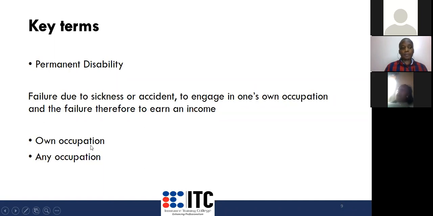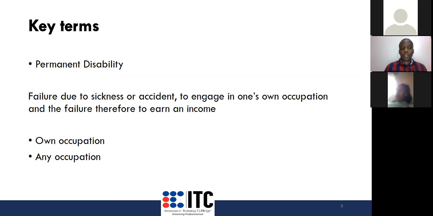Whereas there are some sicknesses or accidents that may enable you to still get employed somewhere, but it may not be the occupation for which you were actually trained. For example, if you're a musician and you get a certain disease that affects your throat and you can no longer sing, that affects your career as a musician. So that's where this policy kicks in.